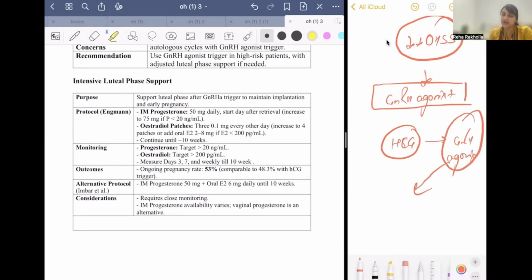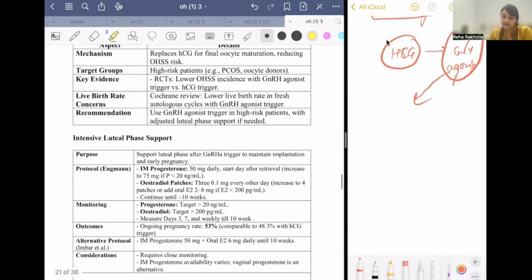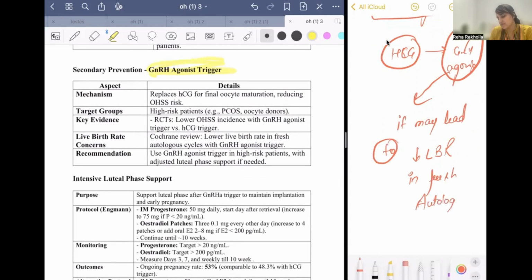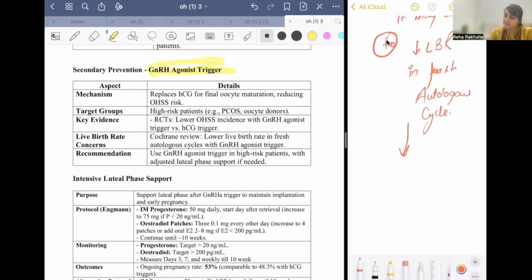However, when we use GnRH agonist trigger, some concerns are there, okay? Because it may lead to decreased live birth rate in fresh autologous cycle. Why? Because fresh autologous cycle means when patient's own embryos are transferred immediately. Why?